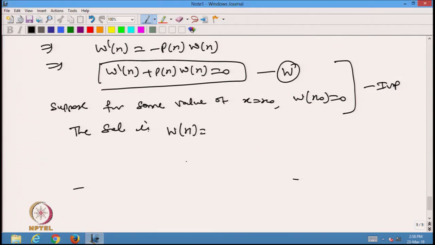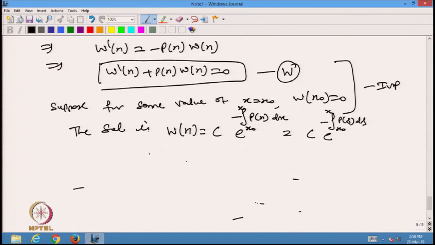So, my solution in this case will be C e raised to power minus integral of p x dx. We have solved this equation from x naught to x, or sometimes we also write it like this, x naught to x, p of s ds.